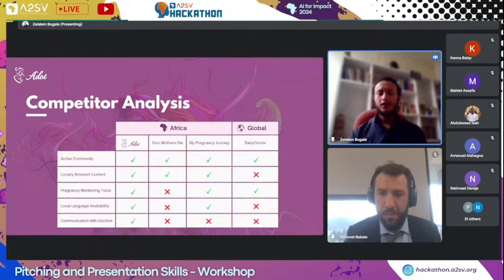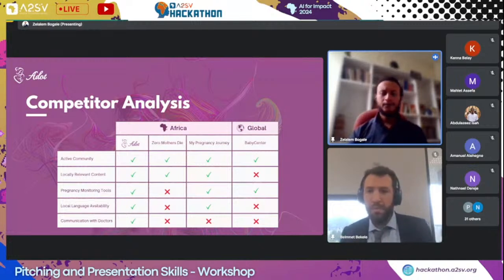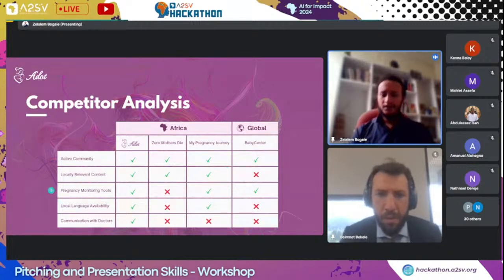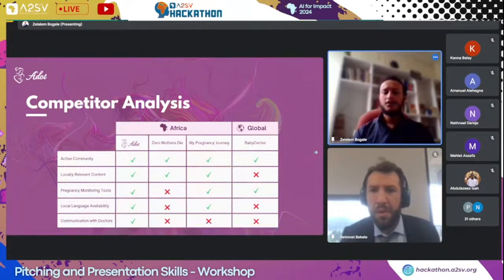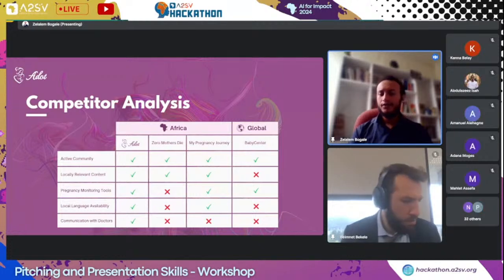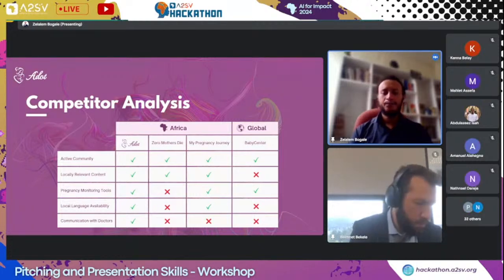It's a well-known app in Africa, but comparing it to Ado, it doesn't have the pregnancy monitoring tools, it doesn't have the local language availability, and it doesn't provide communication with doctors. So this clearly makes us stand out. And there's also the My Pregnancy Journey app, which doesn't provide communication with doctors, which we're using to our advantage.